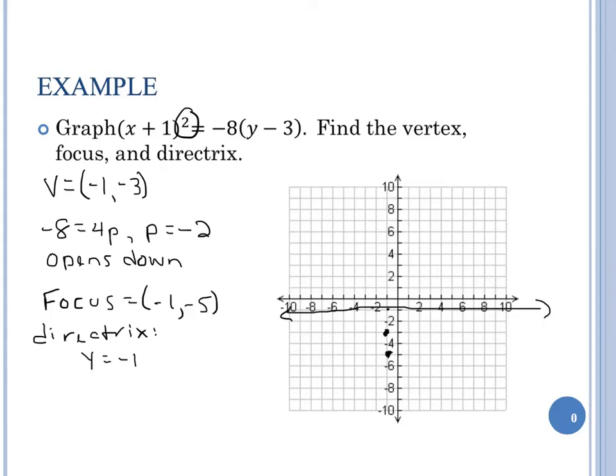And right now we don't know any more information other than to say that this opens down. We don't really know how wide this is. So I quickly sketched that in opening down, but I will come back and make a slightly better picture when we have one more piece of information.